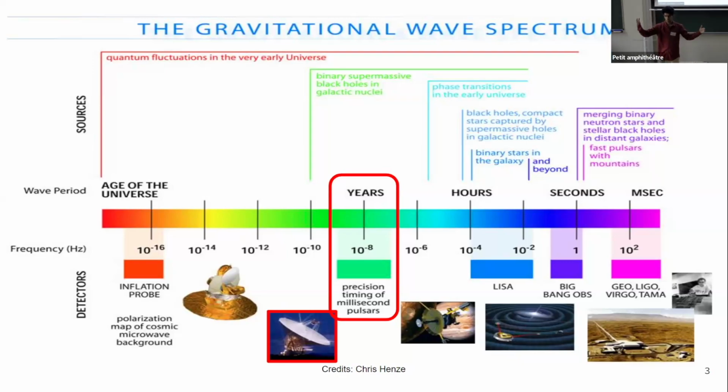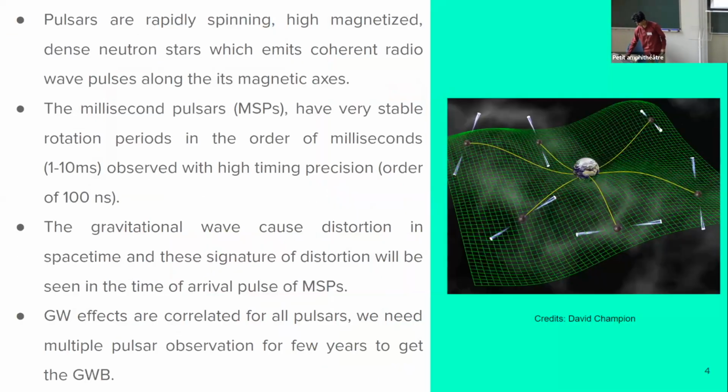And to get even lower frequencies, we use pulsars, which are a kind of perfect clock in the universe. That gives us thousands of light years as our detector length, and we get frequencies down to nanohertz.